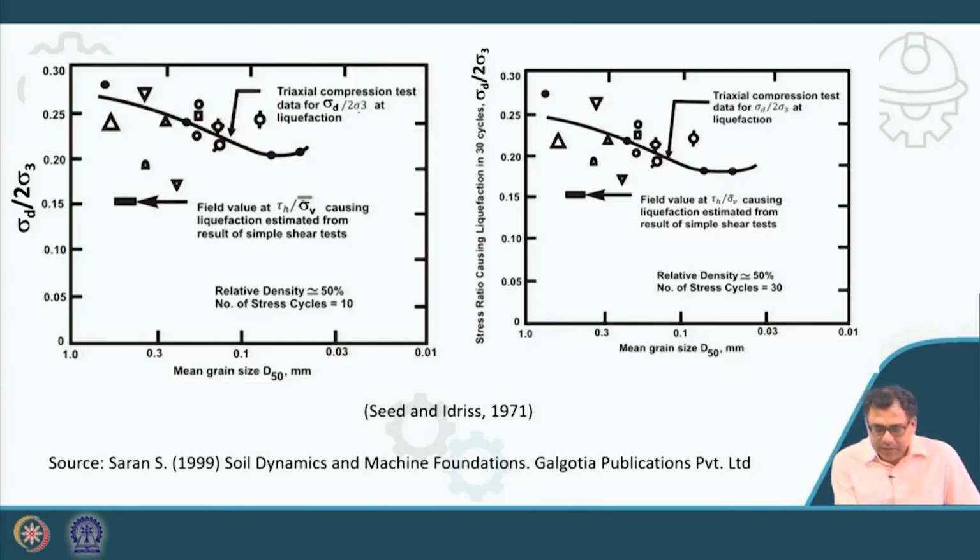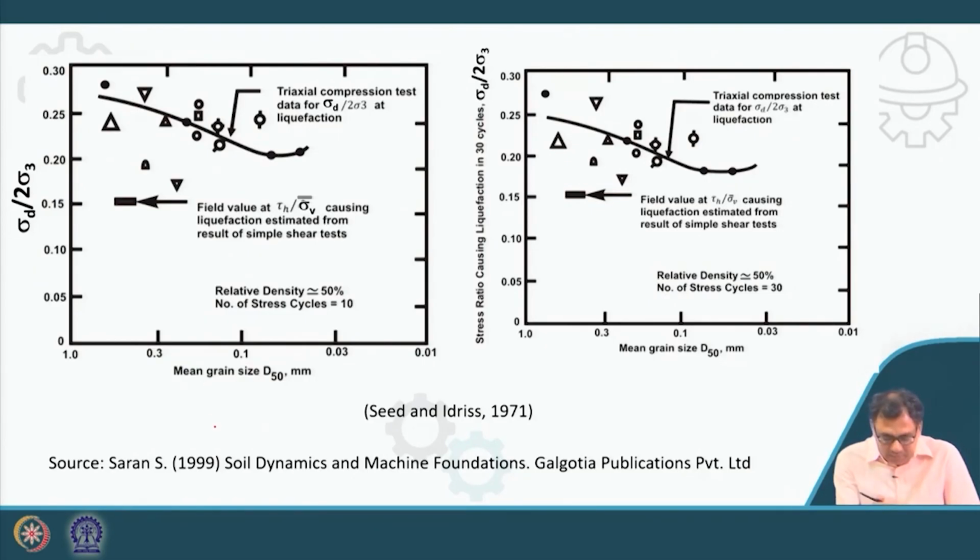So now this is half sigma D divided by sigma 3, or you can write sigma 3 dash also. Same thing. If it is effective, then it will be sigma 3 dash.